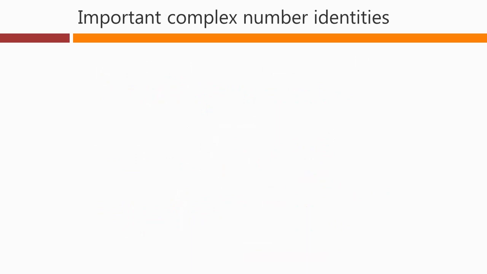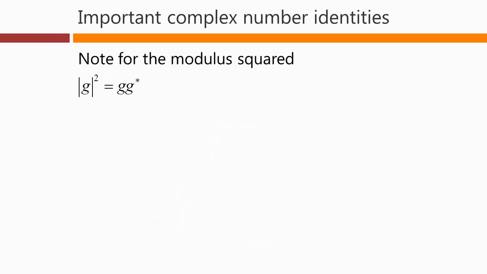Let's look at some important complex number identities. We note that for the modulus squared, which of course we can write as g star g, we can also write that out as a plus ib times a minus ib. And of course we can multiply that out. So a times a gives us the a squared here.